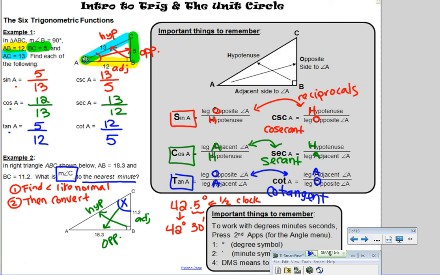The two most important sides are the opposite and adjacent sides. So opposite and adjacent go with tangent. We're going to start by setting that up. I'm going to start with the formula. So that's the formula we're going to use. Now we're going to fill in our information.